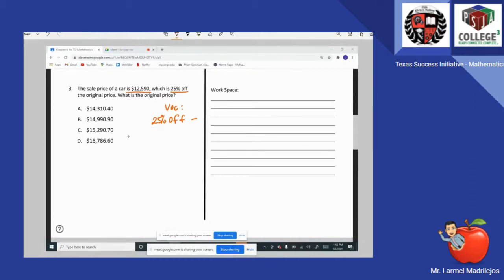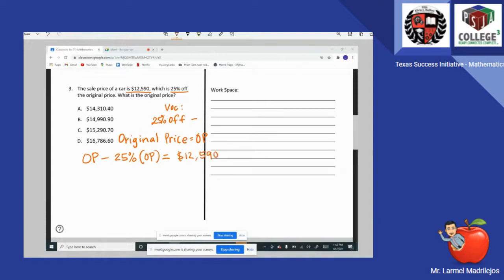I'll put original price, OP. So they said the original price is subtracted by 25% of, multiplied by, the original price, and that equals the new price, which is 12,590.